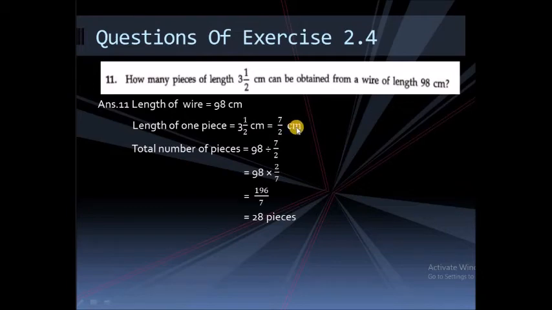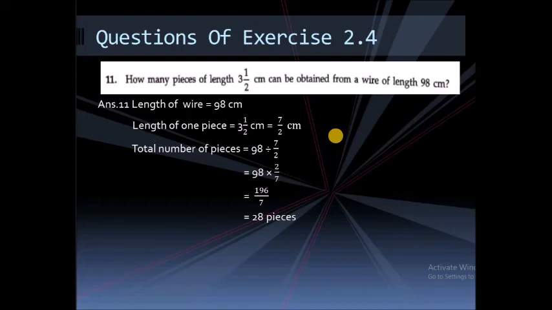Now, let's take an example. For example, the total wire's length is 10 centimeter, and I have to break it into pieces. Each piece should be of 5 centimeter length. How many pieces will I get? 10 centimeter is my total length and one piece should be of 5 centimeters. So I will get 2 such pieces of wire. So what will I do?